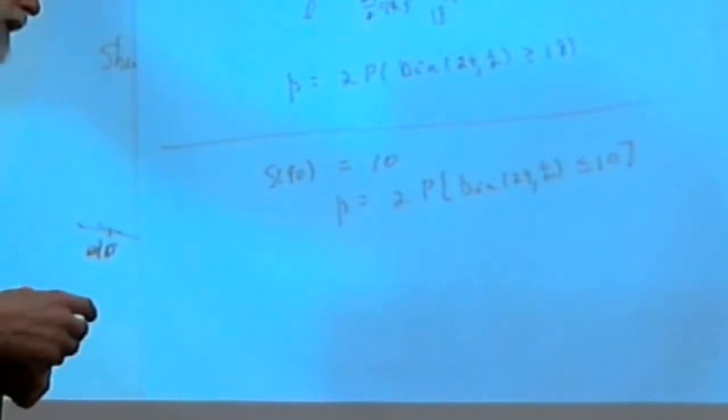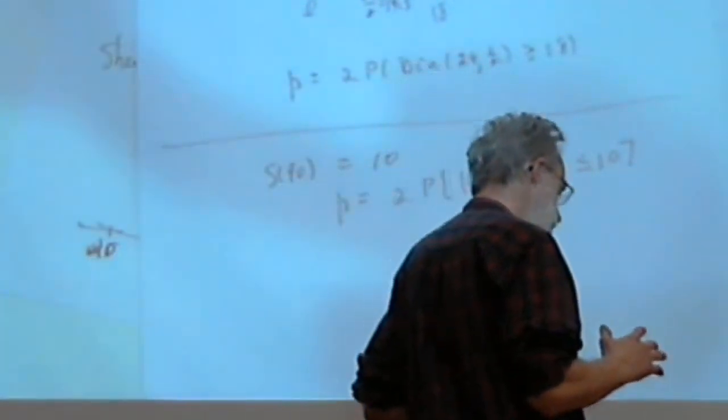And you'll be really shocked when we get the answer. You're trying to estimate the median, but it doesn't have to be the sample median. It's just the null value.